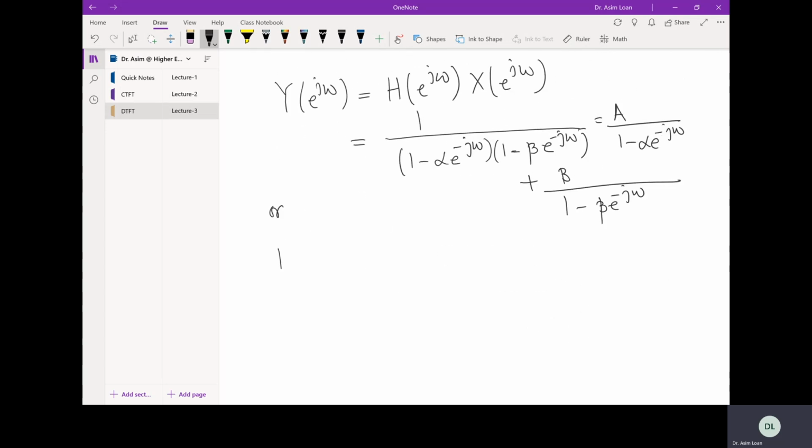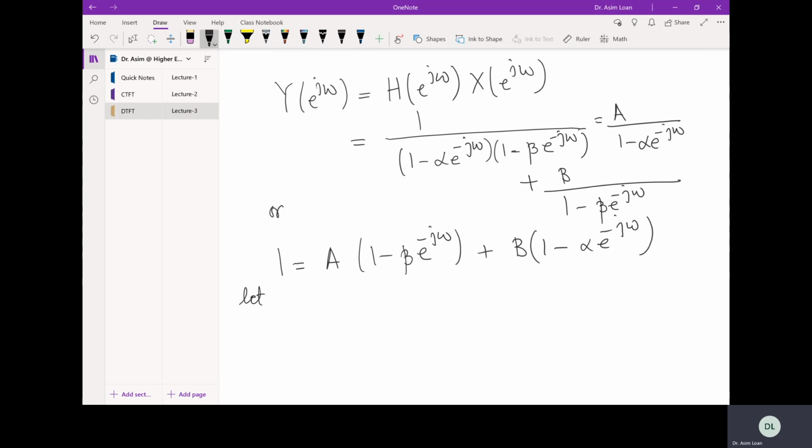Or 1 equals A times (1 minus β e^{−jω}) plus B times (1 minus α e^{−jω}).